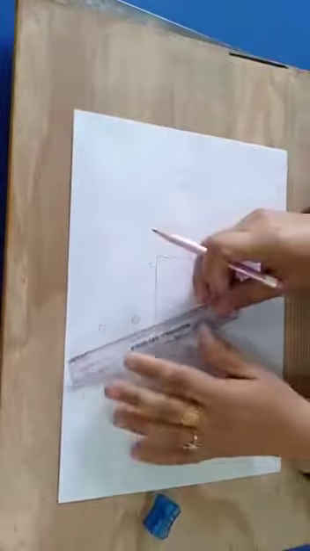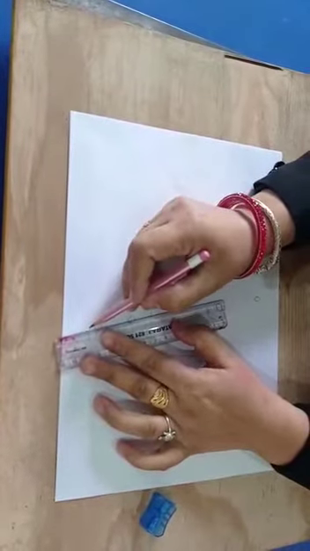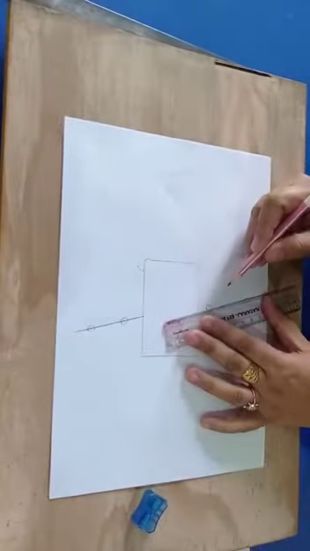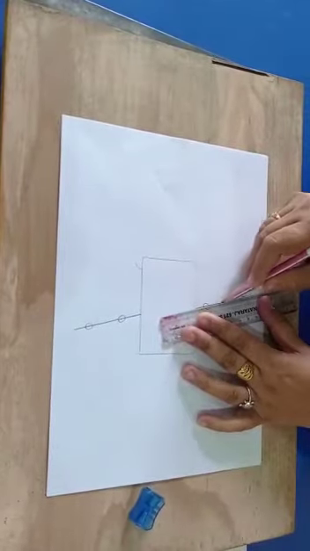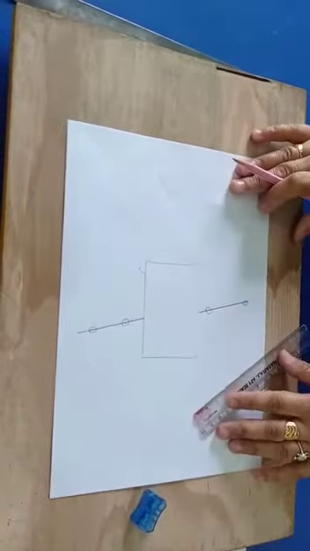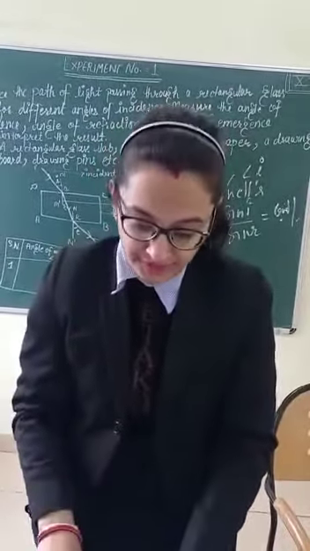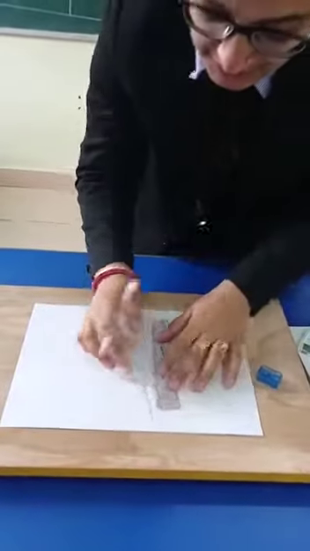Now let us take a scale and join these points. You will draw a line, and similarly you will draw a line there also. This one is the incident ray.